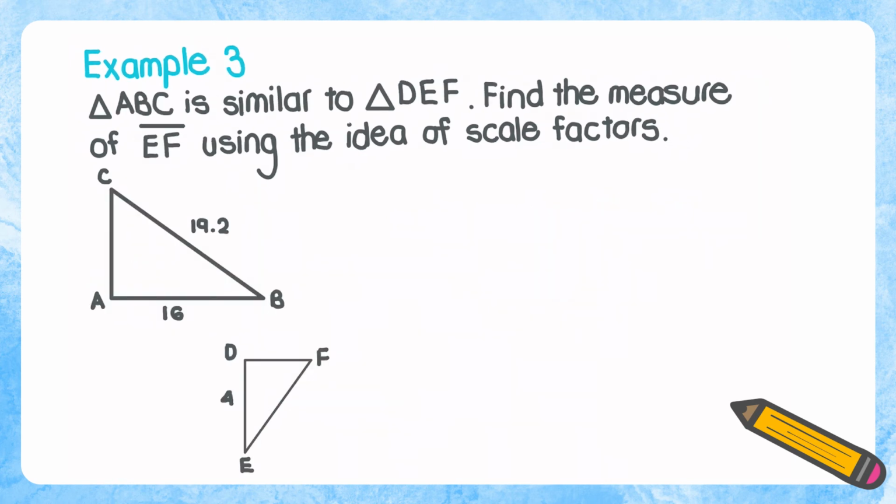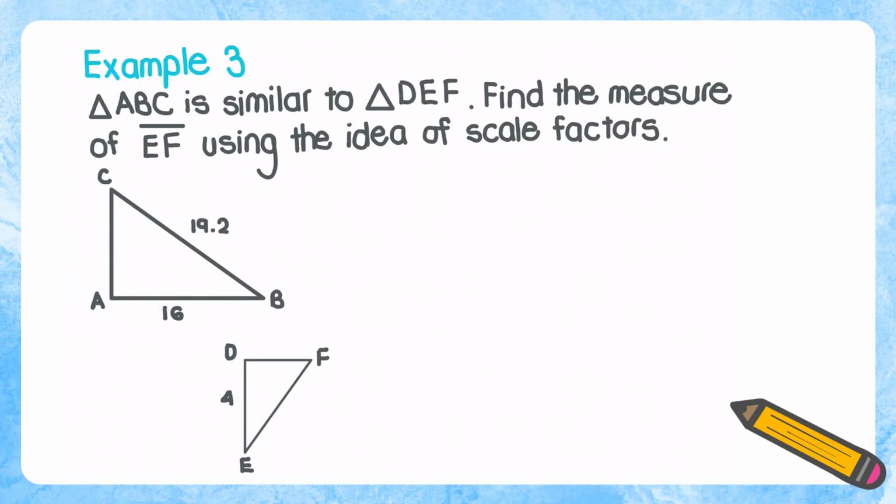Let's look at one more example for today. Here, triangle ABC is similar to triangle DEF. Find the measure of side EF using the idea of scale factors. Here, notice how the triangle is not only just dilated, but it's also rotated. So we have similar triangles, but notice how the direction is a little bit different.